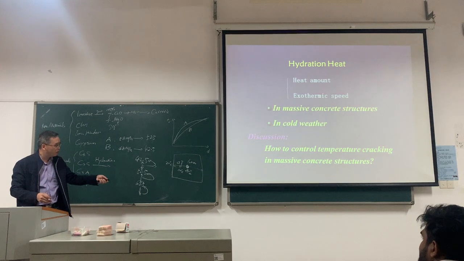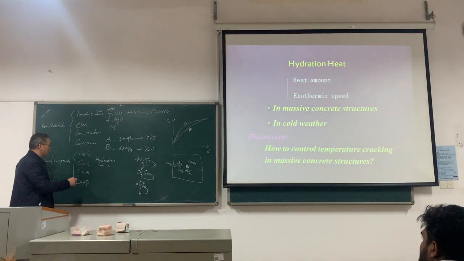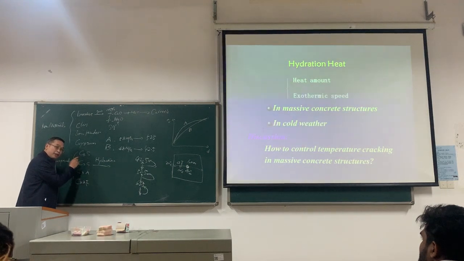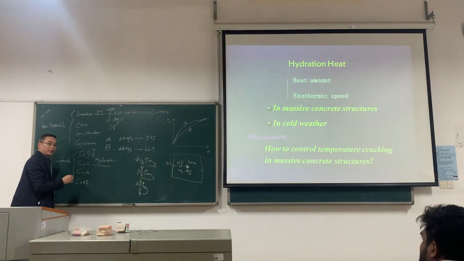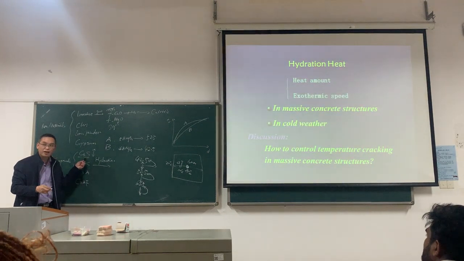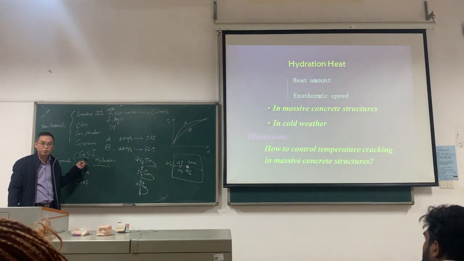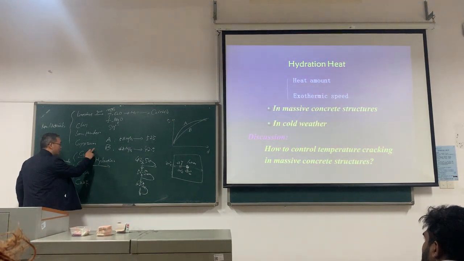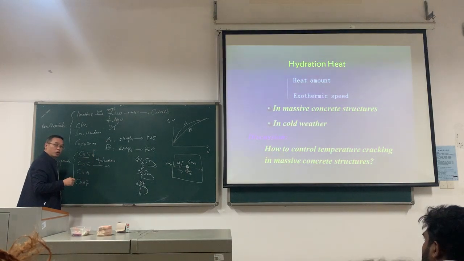For the construction of this kind of massive concrete structure, we need the compound in the cement, this one, to be bigger or smaller? If this one is bigger, the heat will be much more. So it should be smaller.